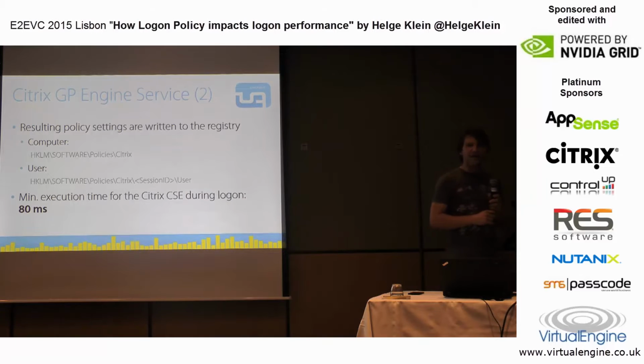And I measured it: what is the overhead that all this Citrix stuff adds to the group policy processing? The minimum I found was 80 milliseconds that Citrix adds.